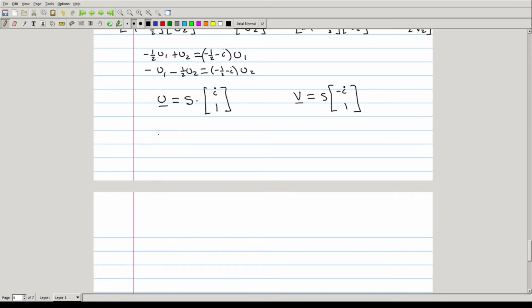So the general solution x of t will be of the form c1 e to the lambda 1 times t times u plus c2 e to the lambda 2 times t times v.